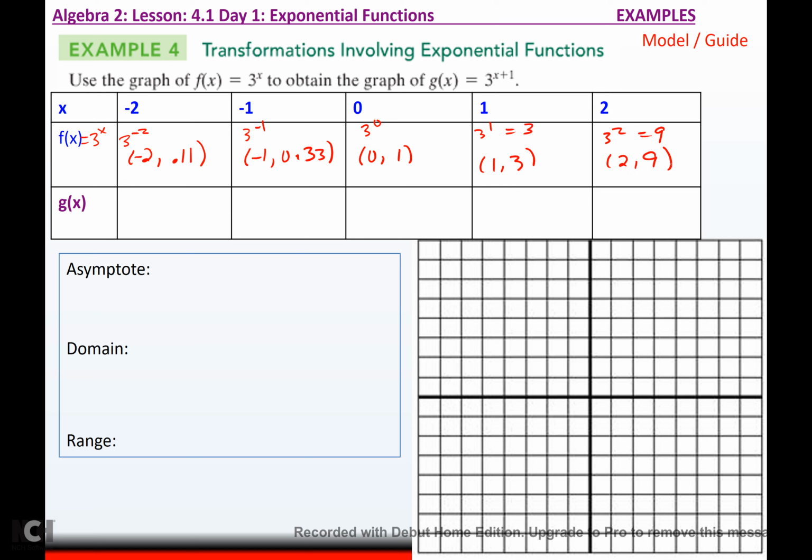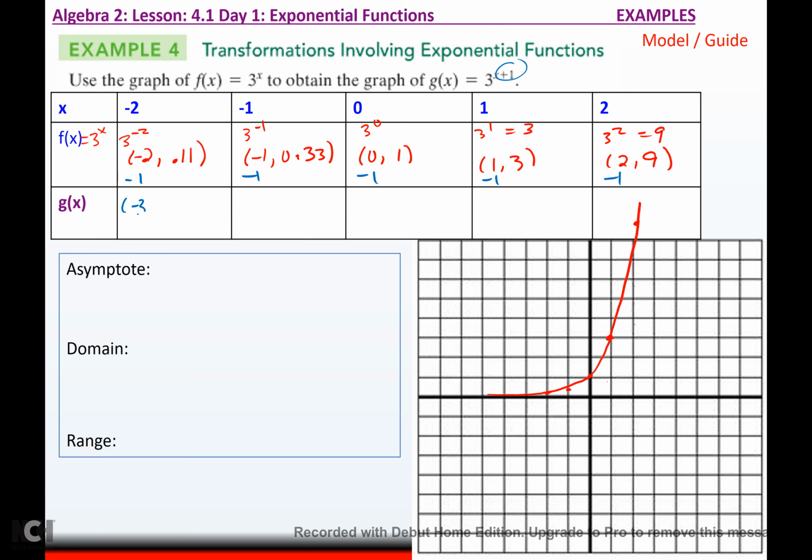So if I plot those, negative 2, 0.11, negative 1, 0.3, 0, 1, 1, 3, 2, 9. So there would be mother. Okay, so now to get g of x, I need another color. This says subtract 1 from all the x's. So minus 1, minus 1, minus 1, minus 1, minus 1.